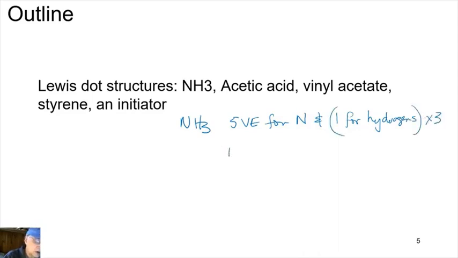So this molecule has this Lewis dot structure. And it's important to remember that spaces aren't what you see. I mean, all the volume of these things is taken up by the electron clouds.